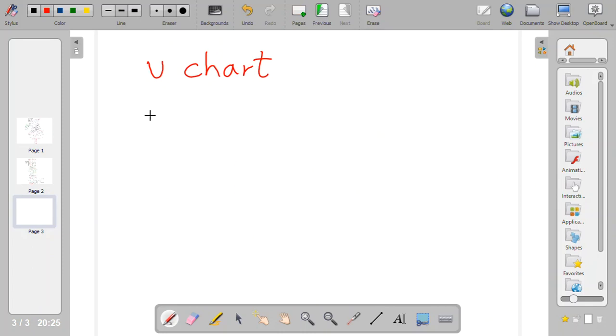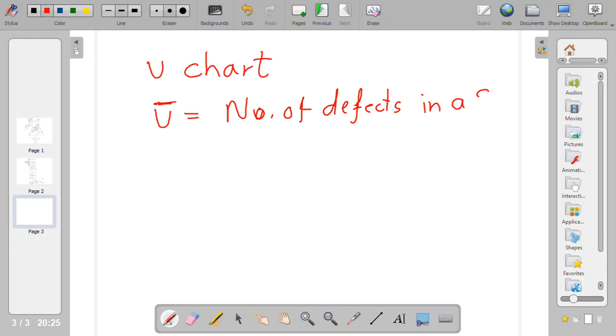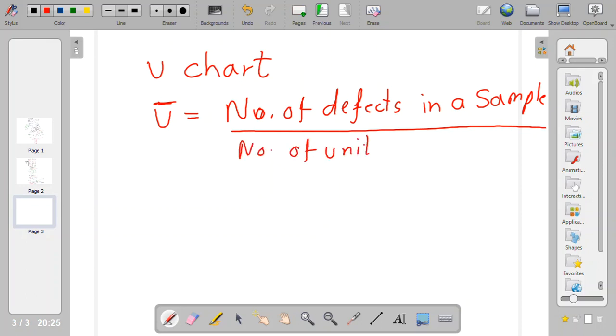So U bar, average value of U. Okay, U bar equal to number of defects, number of defects in a sample, divided by number of units in sample, number of units in sample.